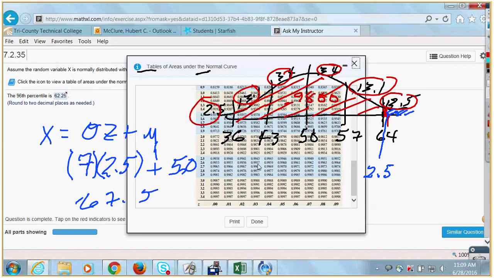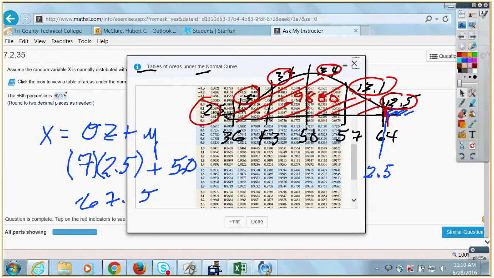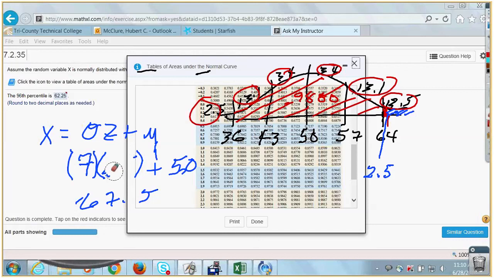There's 96. I'm looking at 95, 99, and 96. So that one's 1.7, 0, 1, 2, 3, 4, 5. 1.75. 1.75 needs to go here. So my bad. I read the question wrong. This is 1.75.